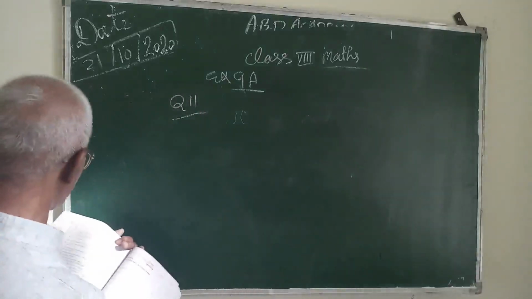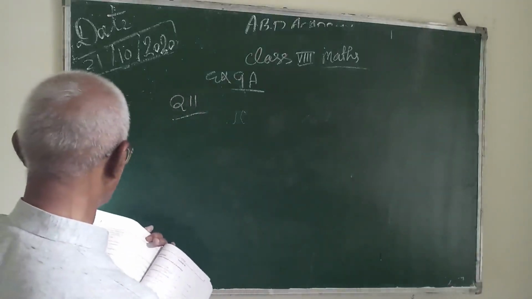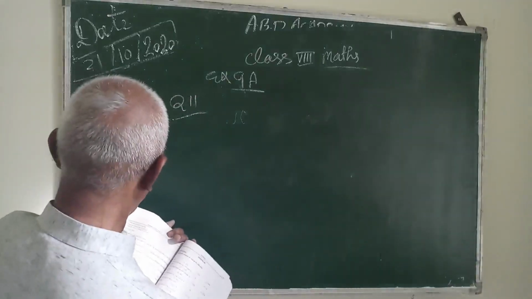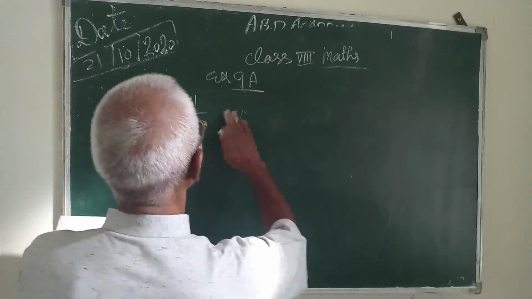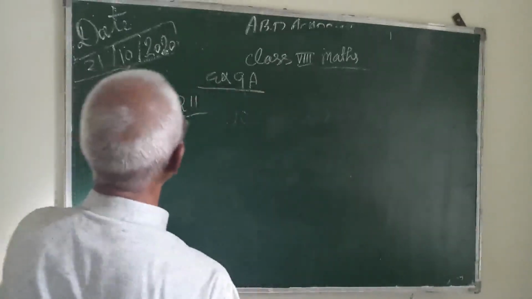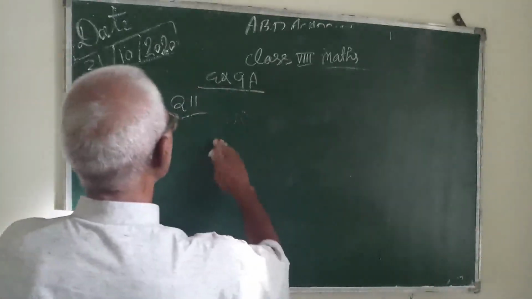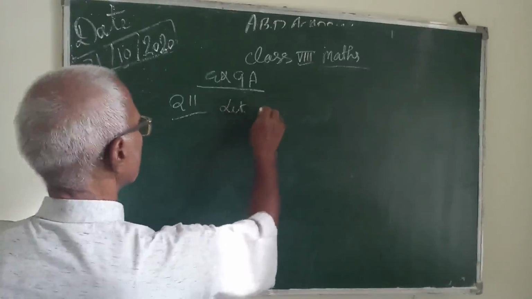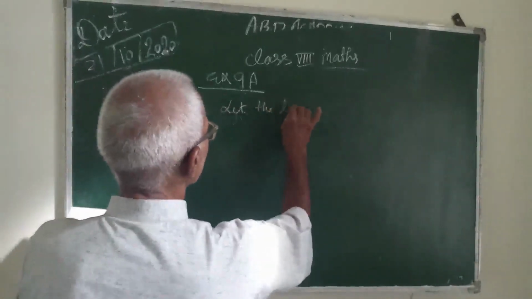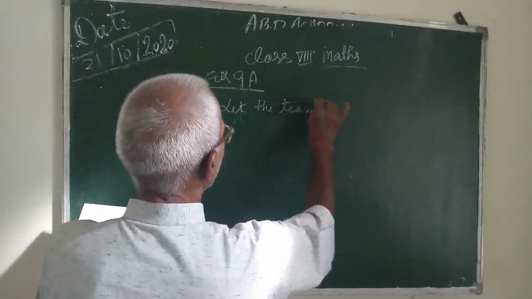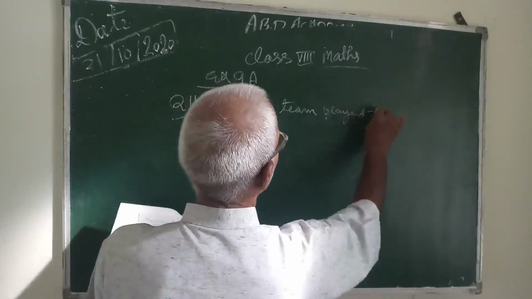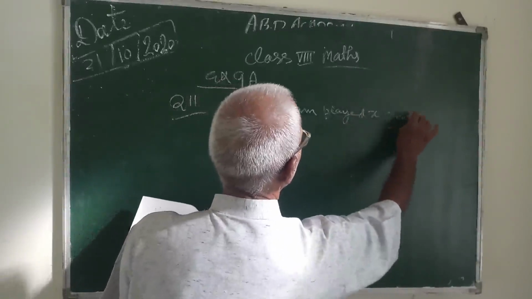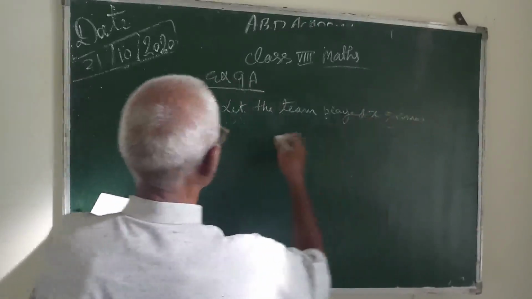How many games were played in all? How many games were played is not known. So assume here, let the team played X games, because that is not known.